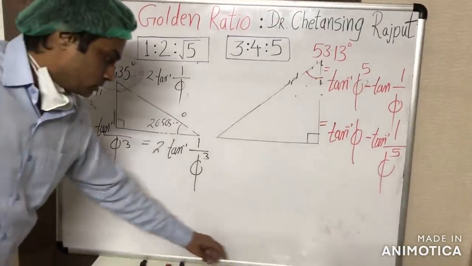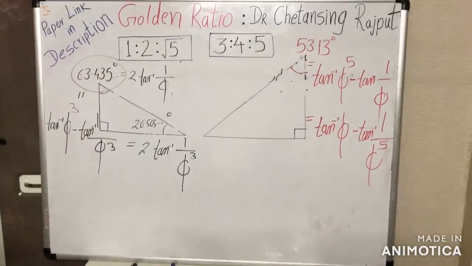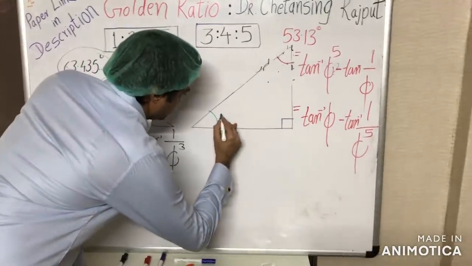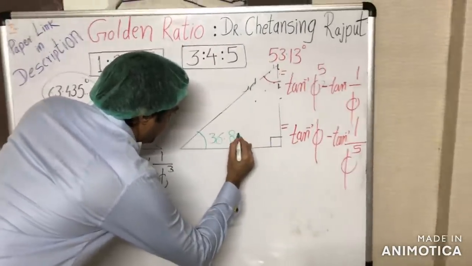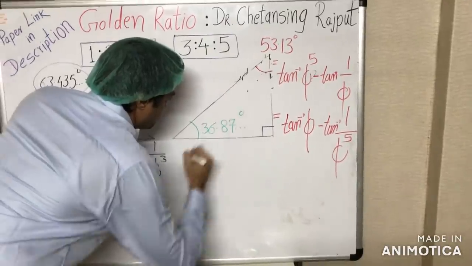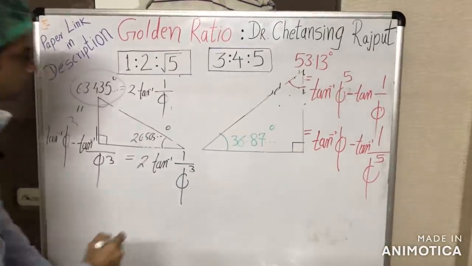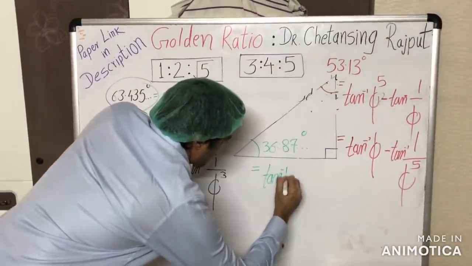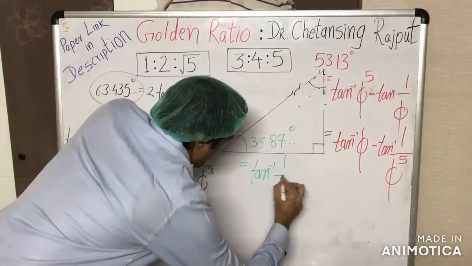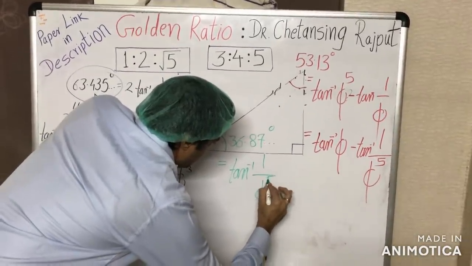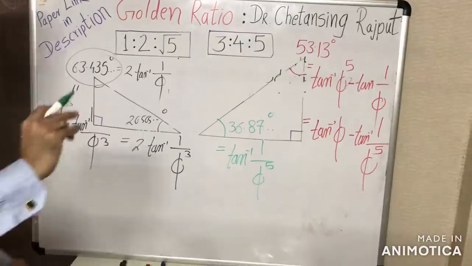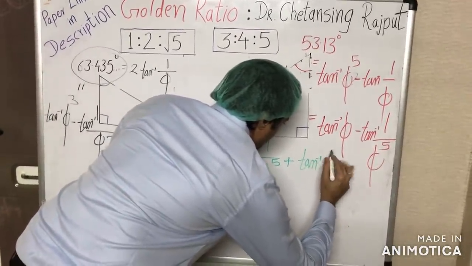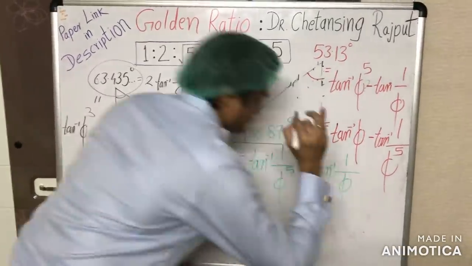Now another acute angle of the 3, 4, 5 Pythagorean triple. This is 36.87 and so on in degrees. This angle is precisely equal to the arctangent of 1 upon the 5th power of the golden ratio plus the arctangent of 1 upon the golden ratio.